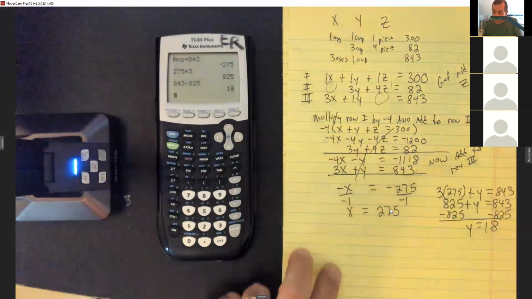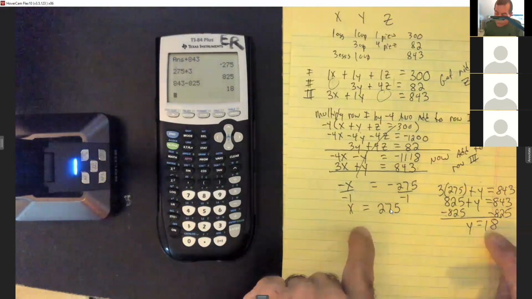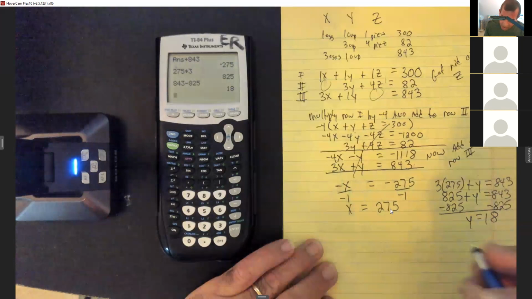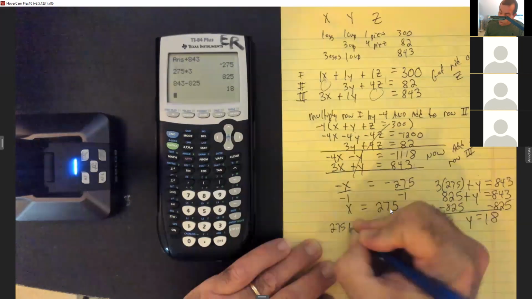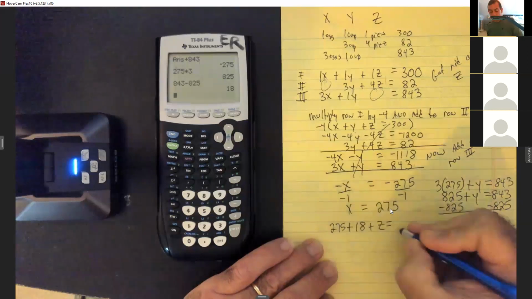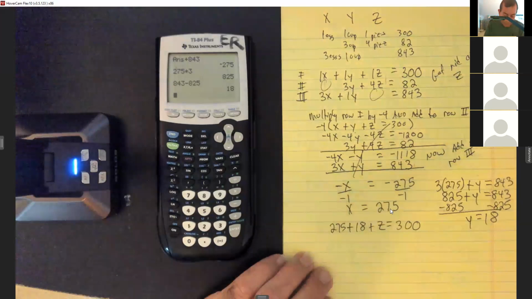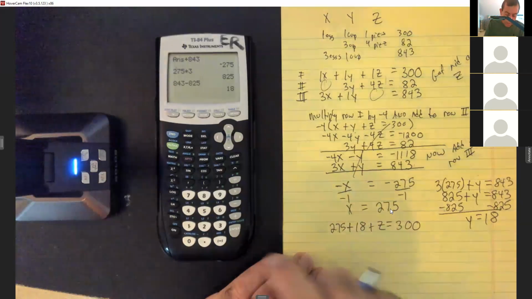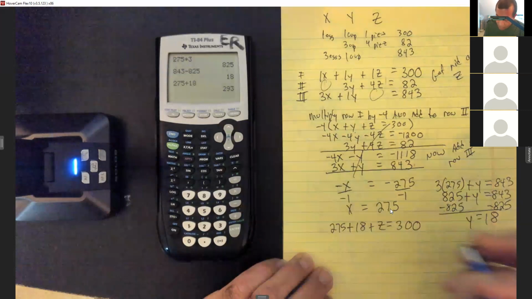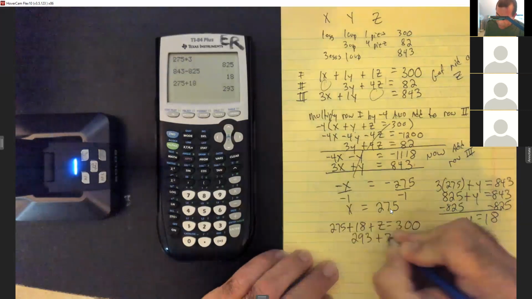All right, now that I know both of those, I can put them into the first equation and get that Z. So 1X is 275, plus 1Y is 18, plus my Z, all equal 300. All right, so 275 plus 18 is going to give me 293, plus my Z equals 300.